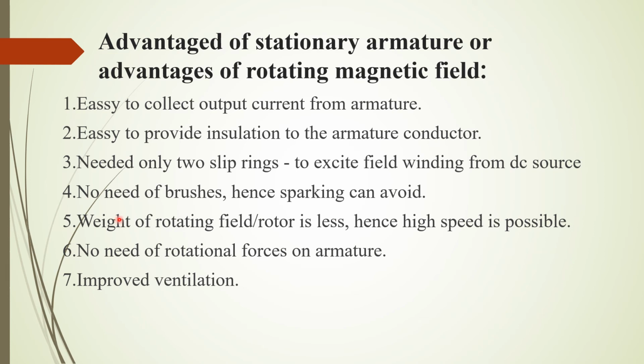It is one of the important points because we know that the weight of the armature is very high compared with the rotating parts, because of the presence of conductors, windings, etc. So if we rotate the field, the weight is very less, so we can easily rotate the field, and high speed can be obtained when the field is kept as the rotating part.